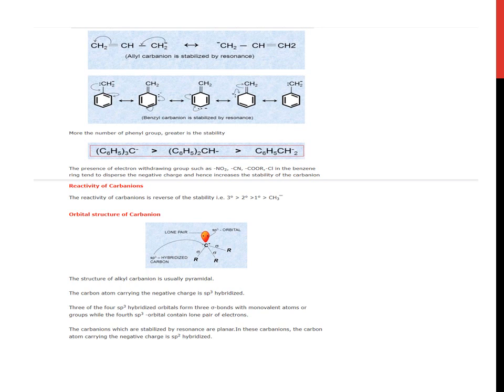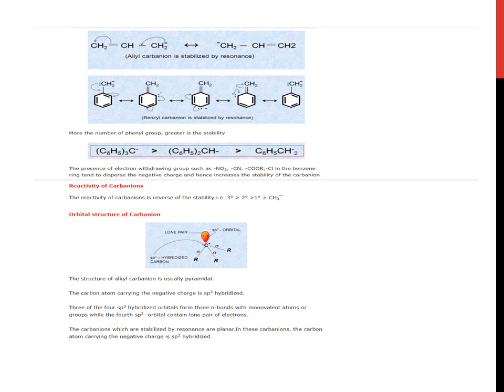Now, the orbital structure of carbanions. This is the orbital structure. Here carbon is connected to 3 alkyl groups with sigma bonds, and this carbon is an sp3 hybrid orbital with one lone pair. The structure of an alkyl carbanion is usually pyramidal.